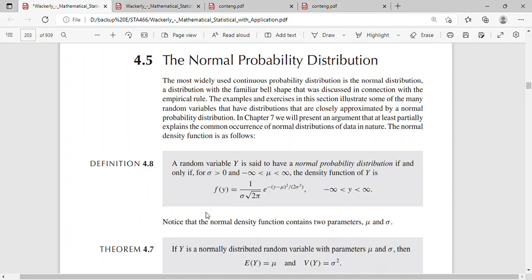So normal distribution ni is very familiar among in real situation. Okay, it involve the real phenomena.